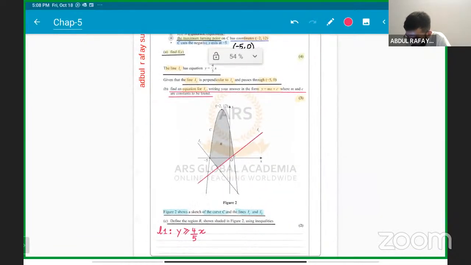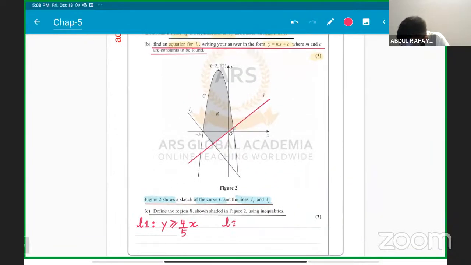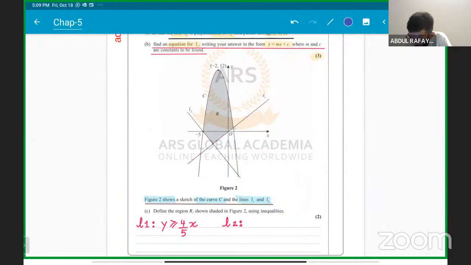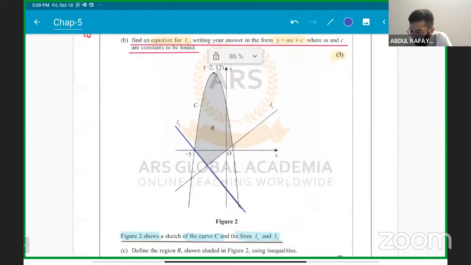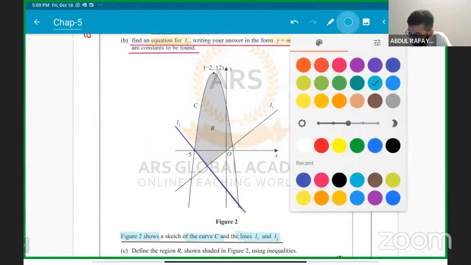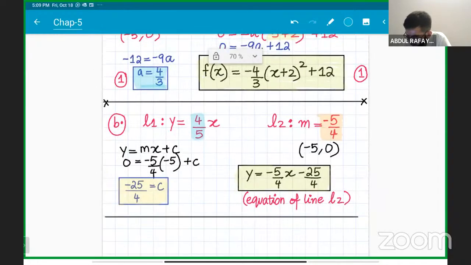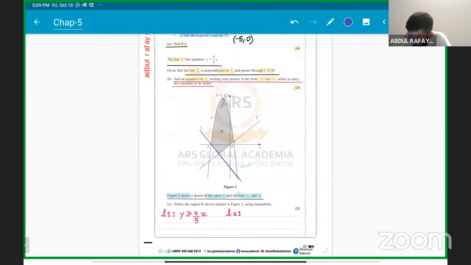Similarly, if we talk about line L2, let's remove this and talk about the blue line, students. This shaded part is also above the line. So you can clearly say that for the line L2 equation that we got, y equals minus 5 over 4 x minus 25 over 4, it will also be greater than, okay?